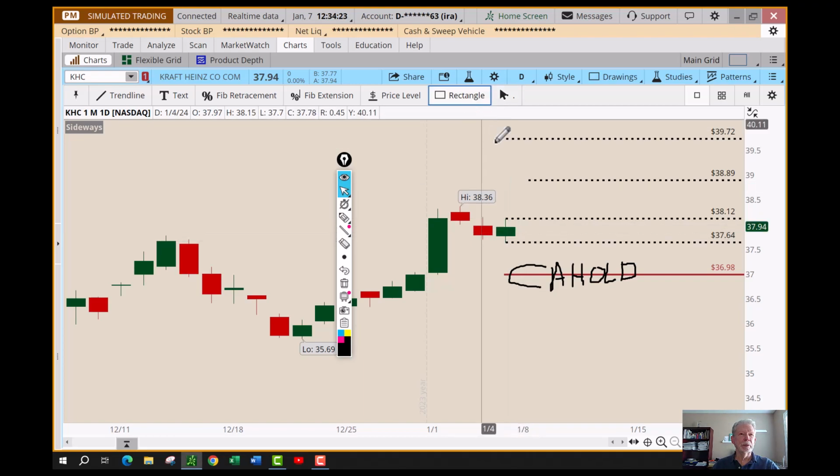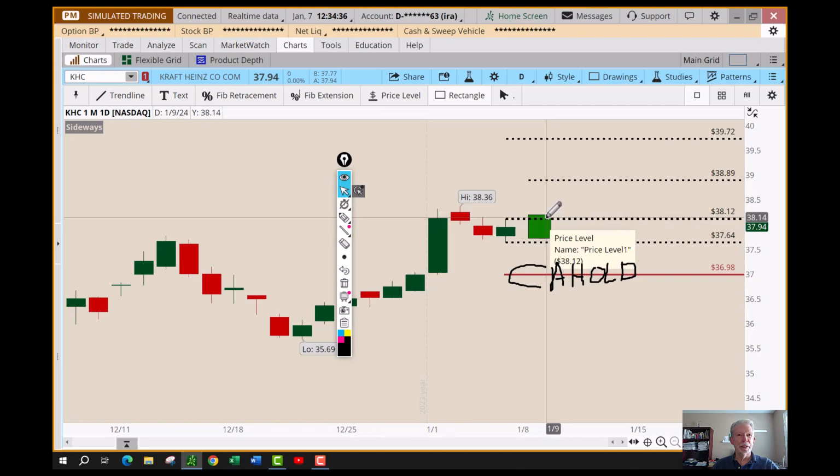So if that stock goes up, and I'll draw this on here as an example, around 38.12 will be a good time to get in. In this particular case, it probably closed about 38.20 maybe. But sometime just before closing, I would buy in with my $1,000 and sit back and wait.